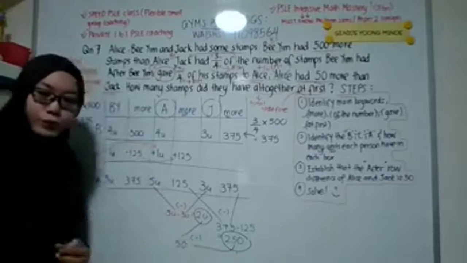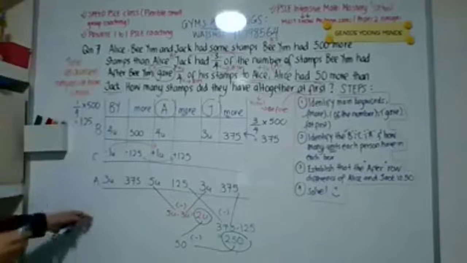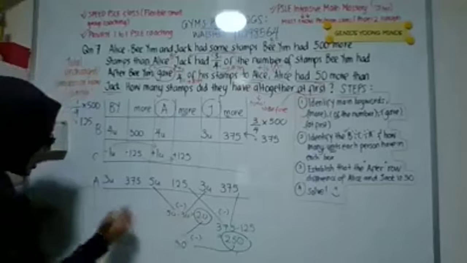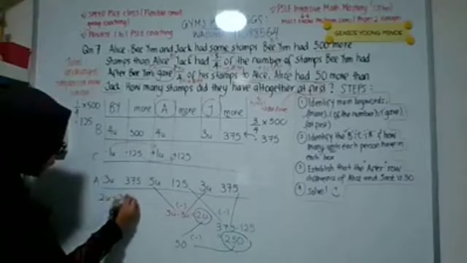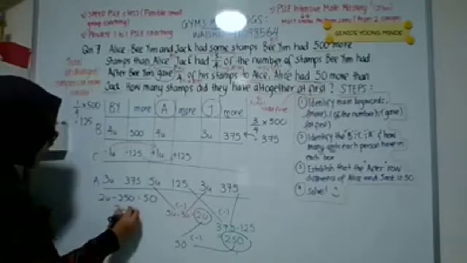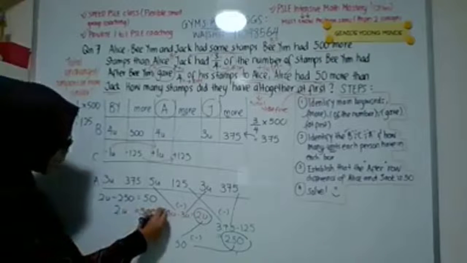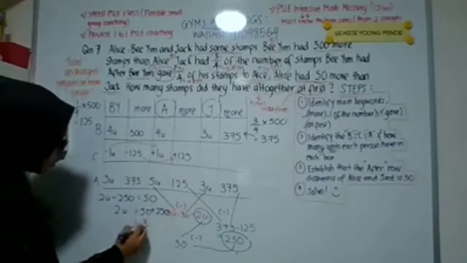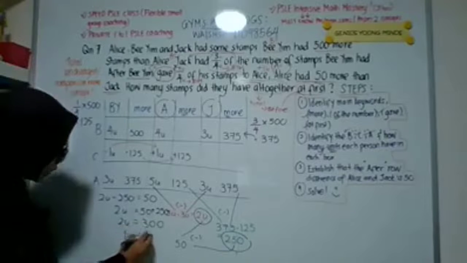I'm going to rewrite the information here since this is too low. So we have 2 units minus 250 equals 50. So 2 units equal to 50 plus 250 equals 300. So 1 unit is 150.